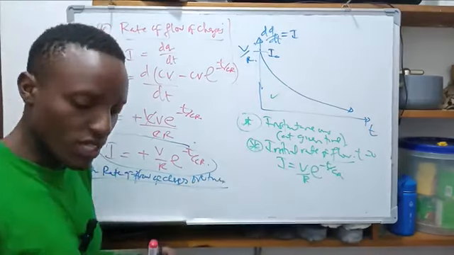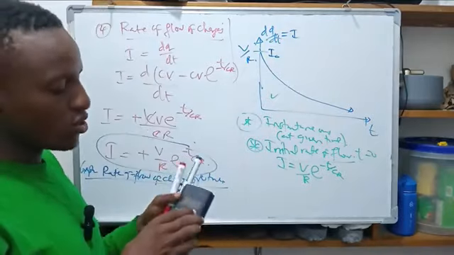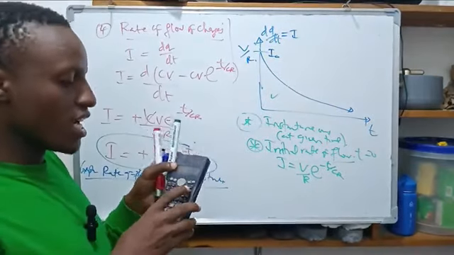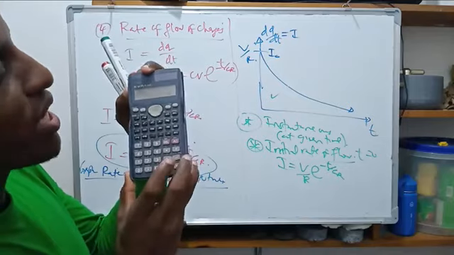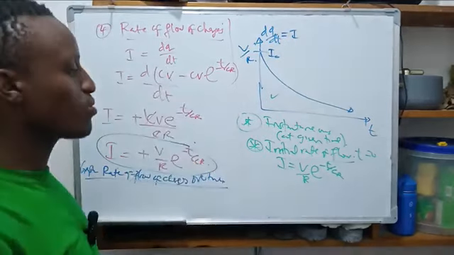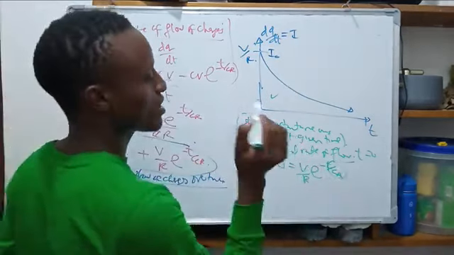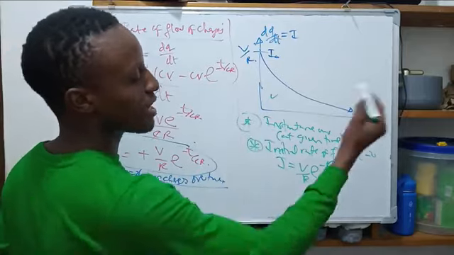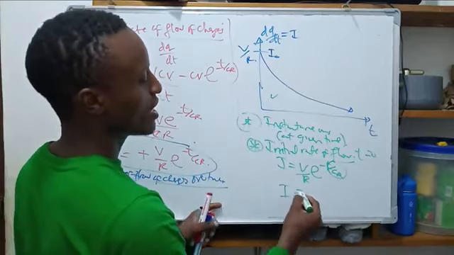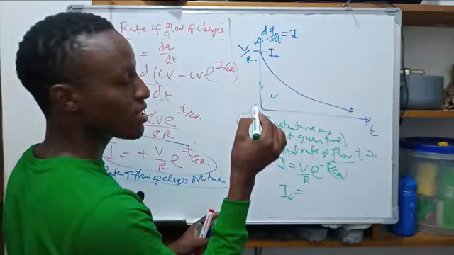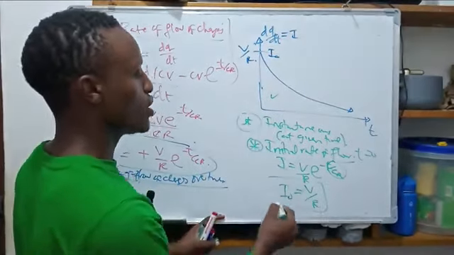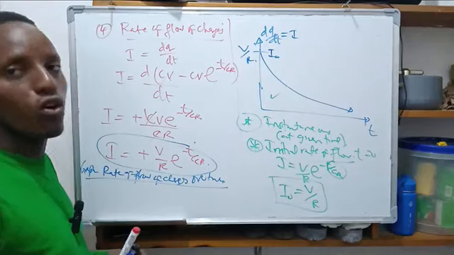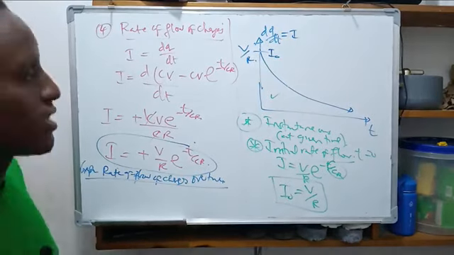When you take your calculator and put e to the power 0, you get 1. So the initial current at time 0 will be equal to V over R. That's the initial rate of flow of charges, meaning the current.